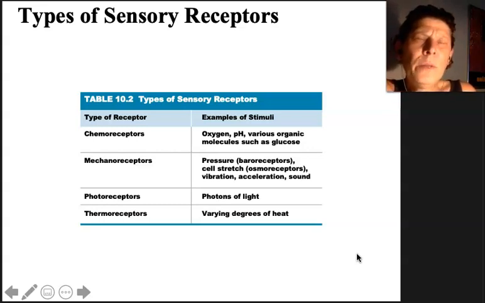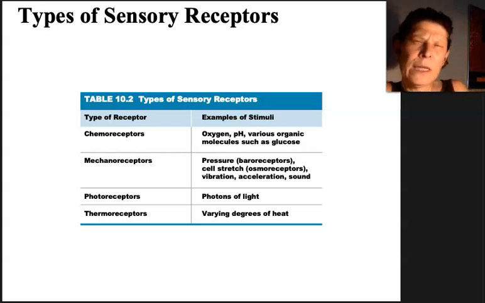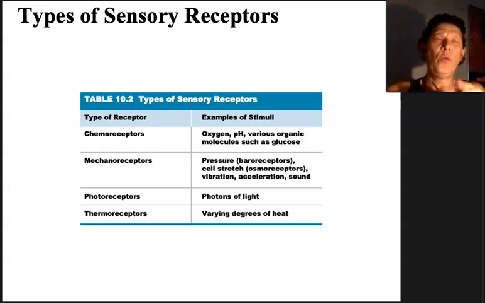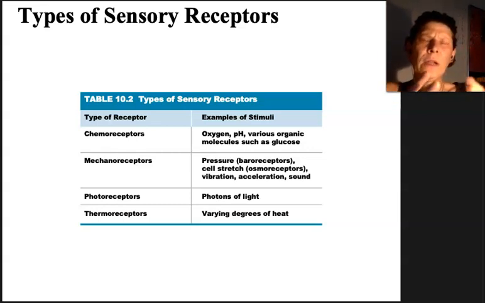I want to talk a little bit about the types of neural receptors that there are before we take a look at the table here. As an overview, we have receptors that are either naked, and those are usually free nerve endings, or they're encapsulated. They have connective tissue around the receptors.